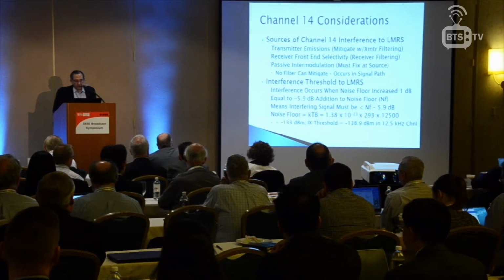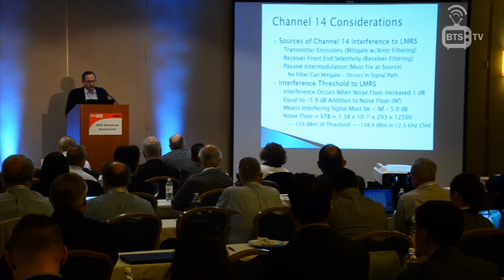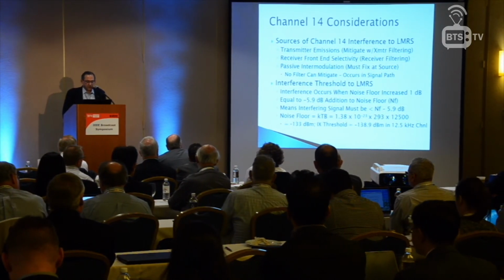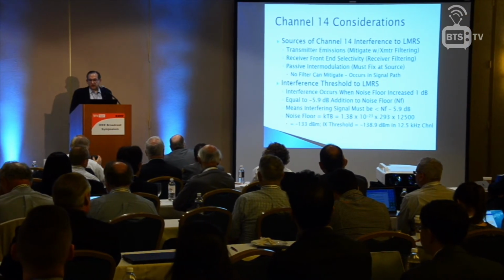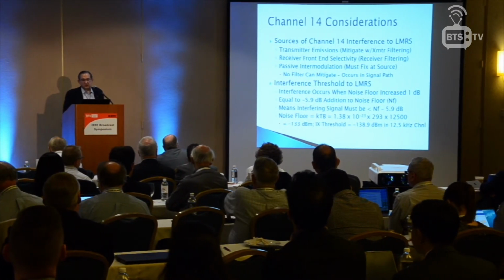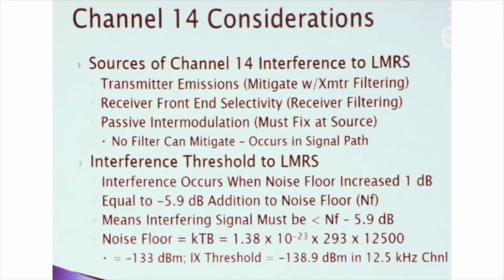So let's look at the interference threshold to land mobile, because this is what we're going to have to be actually using in the field. Generally, interference modeling considers that interference occurs when the noise floor of an interfered with station increases by 1 dB. That's equal to the addition of minus 5.9 dB of noise to the noise floor of that channel.